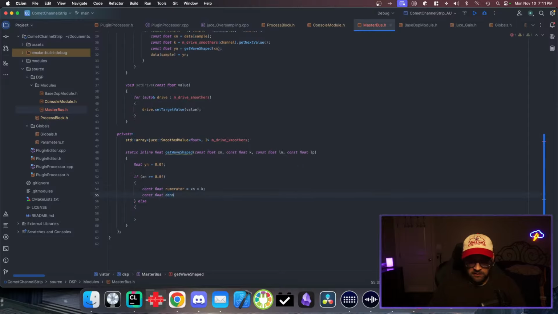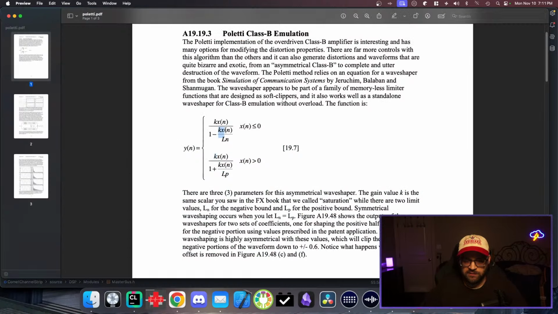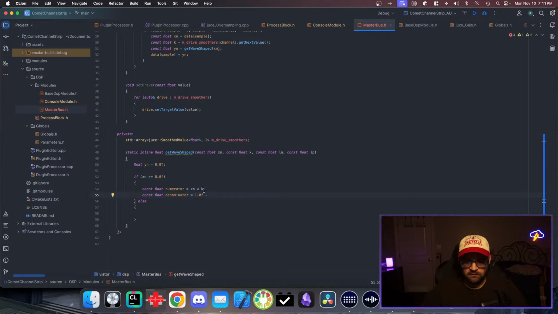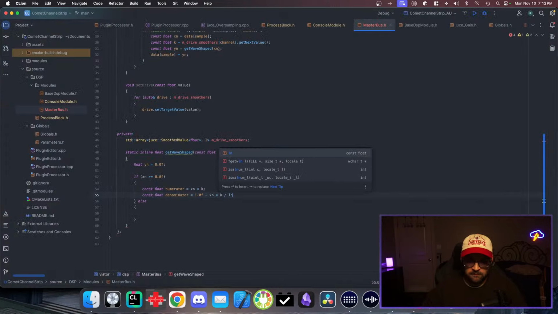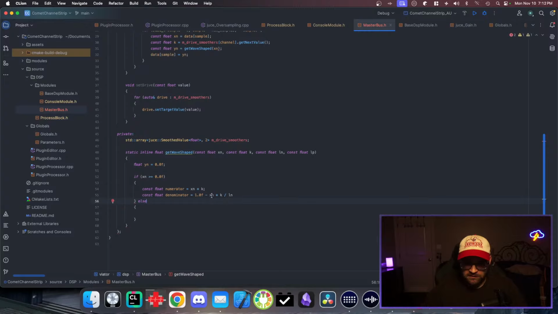Const float denominator is equal to 1 minus, we got k times xn again. And I'm not actually going to use the variable numerator right here because I think that would probably get a little confusing. So I'm going to do that divided by ln. Cool. Order of operations times, yep, okay, that should be good.